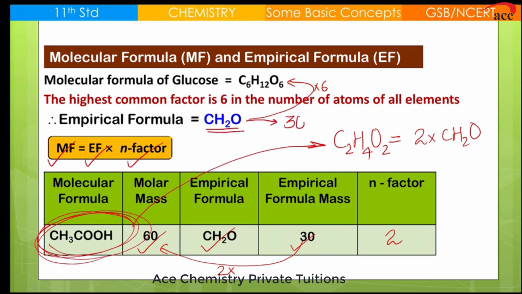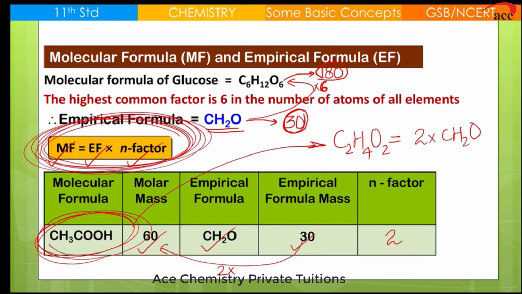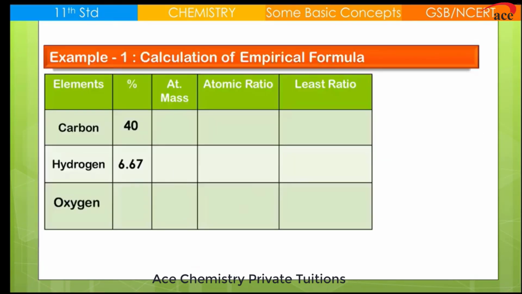Similarly, if empirical formula mass is 30 and molecular mass is 180, you will realize it is 6 times. 180 is 6 times the empirical formula mass. So we realize molecular formula is n times empirical formula.